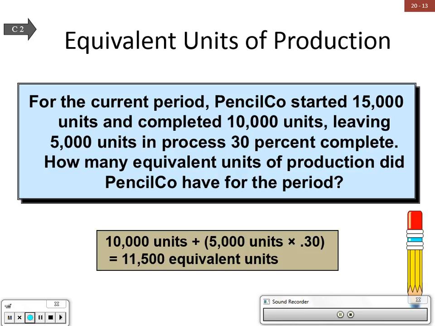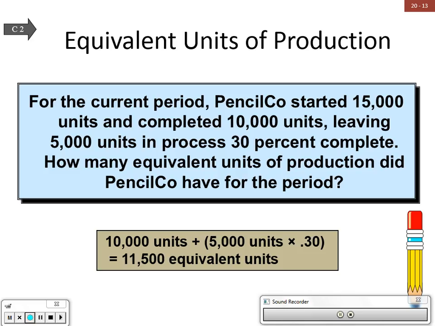Still 70% remaining. So it says how many equivalent units of production did Pencil Co. have for the period. So we're taking what they have actually completed, and we're also multiplying what's left times what? The 30% or 0.30. And then we're adding that to the 10,000 units, 11,500 equivalent units.